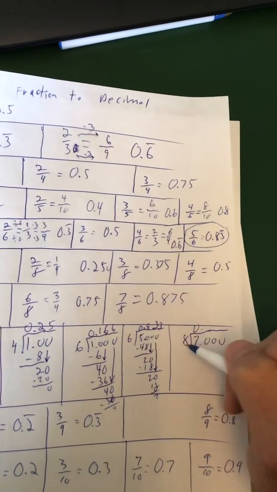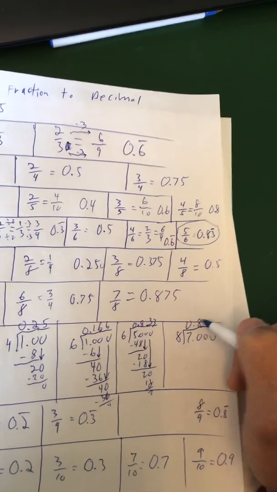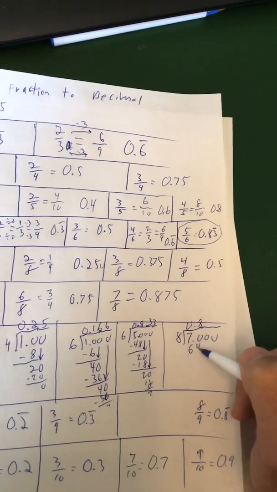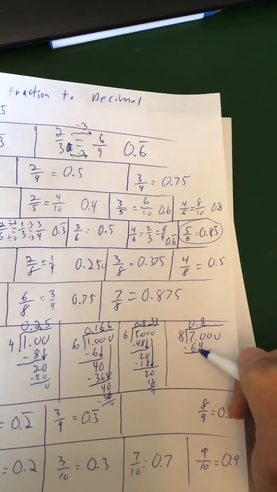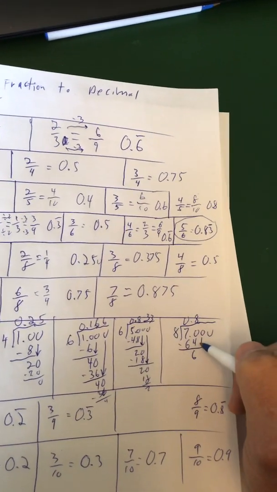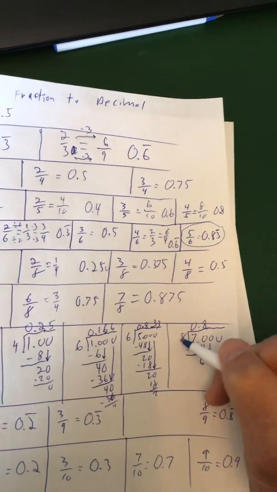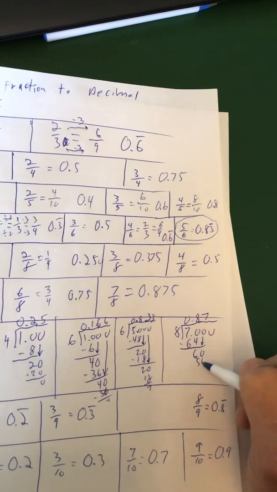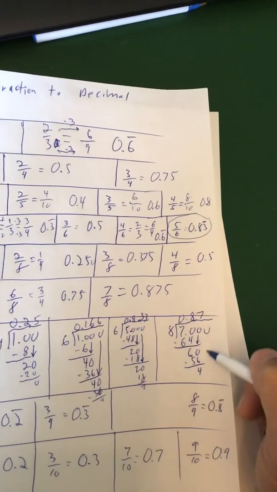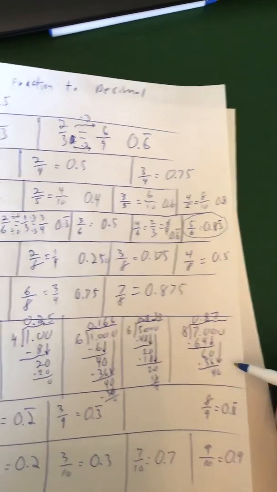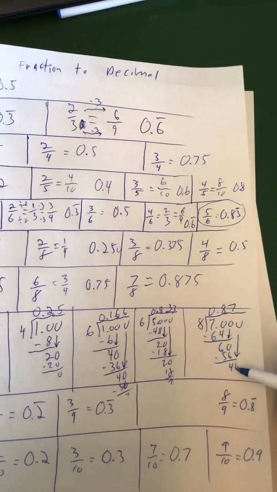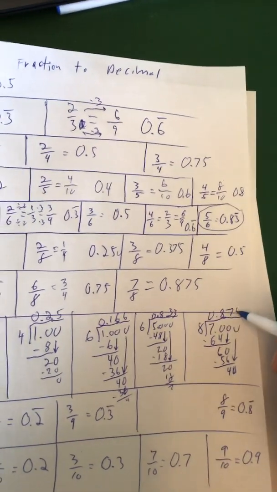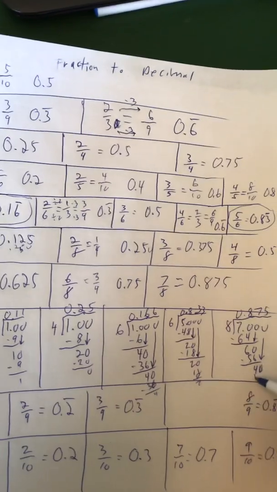How many times does 8 go into 70? Goes in 8 times. There's 64. 70 minus 64 is 6. How many times does 8 go into 60? 7 times is 56. Subtract and you get 4. Bring down the 0. And how many times does 8 go into 40? Goes in 5 times. On the nose.